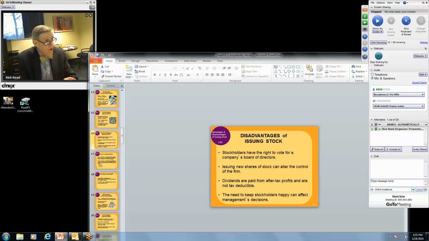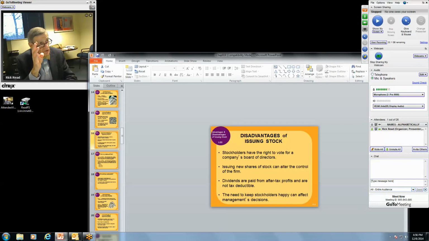The stock price is too low. And so they can foment with the other stockholders to make some changes. But they don't have a say in day-to-day management, and that's the point I want to make. They may eventually be able to exercise some leverage on management, but usually not on a day-to-day basis.